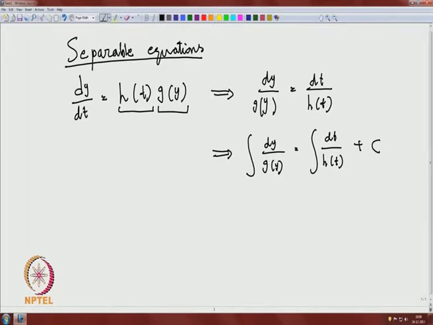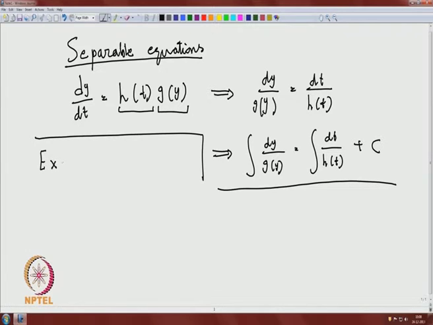So, we will start with a familiar example which all of you are already familiar with. A simple example; other complicated examples we can do, but the idea is to make the ideas clear rather than getting into the complications of the integrals here.